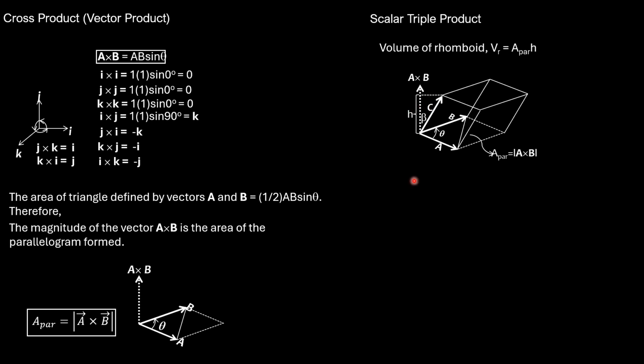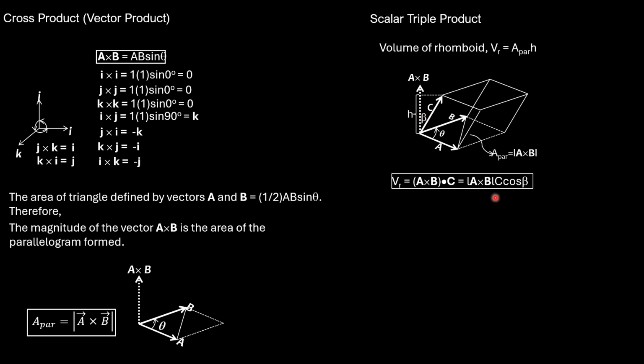So the volume of the rhomboid is the area of the base, which is the parallelogram, times H, and that can be derived if we obtain the dot product of this vector A cross B with C. So A cross B dot C expands to the magnitude of the first vector times the magnitude of the second vector times the cosine of the angle between those vectors.